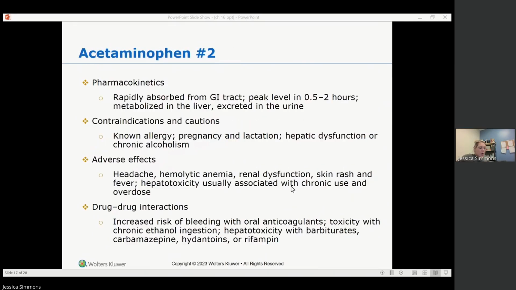Okay. So on page 279, I need you to know that the maximum daily dose for most clients of acetaminophen is 4 grams. For some people with alcohol use or hepatic injury, a lower maximum daily dose should be used.